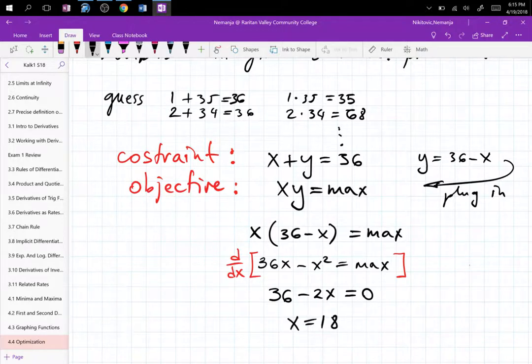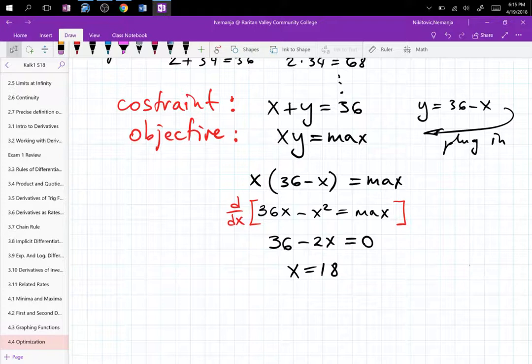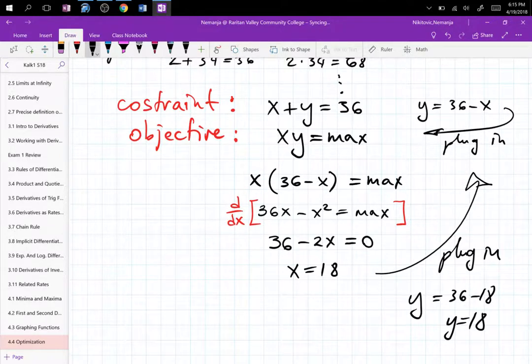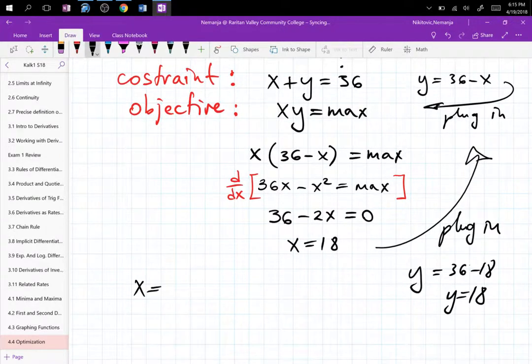So we all see that x is 18. Plug in. y is 36 minus 18. y is 18. So the answer is x equals y equals 18. So what are the two numbers whose sum is 36 and product is max?